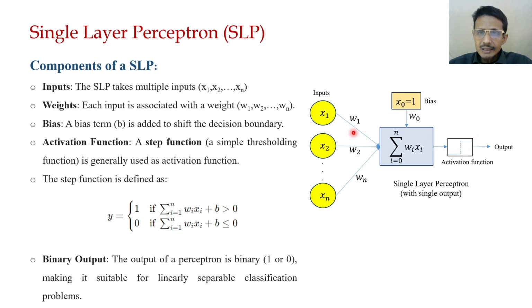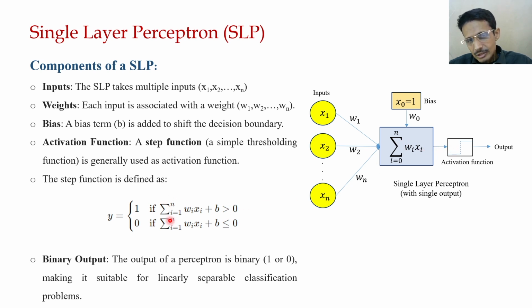So what this SLP is basically doing is very similar to the one neuron we have discussed earlier. The inputs, even the bias, are multiplied by the weights, and then this is summed up over all the inputs, and the sum is fed to the activation function.